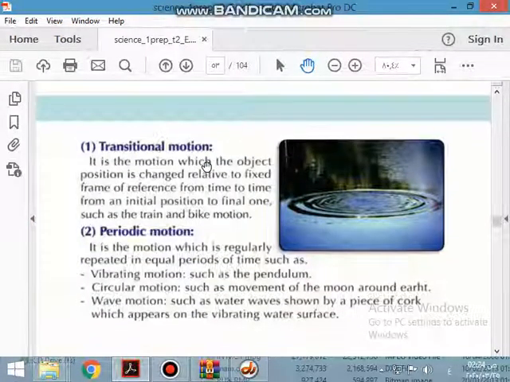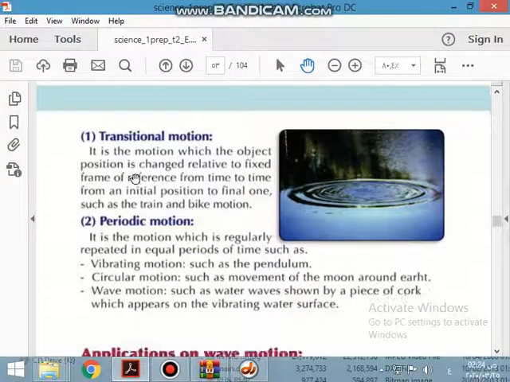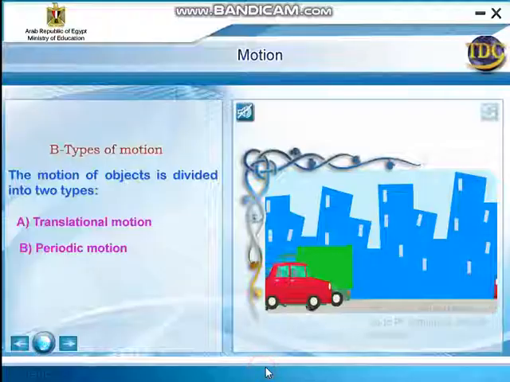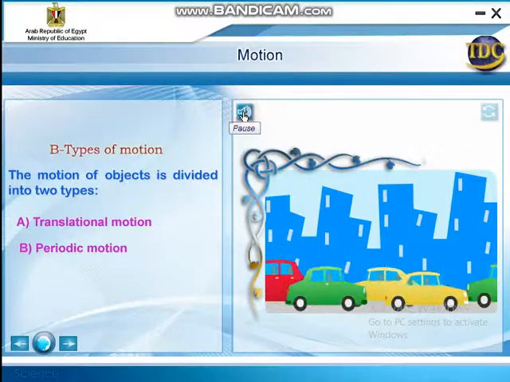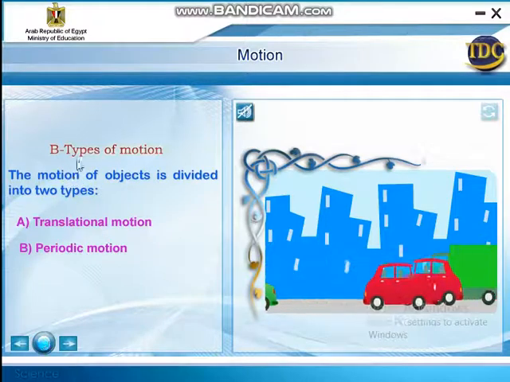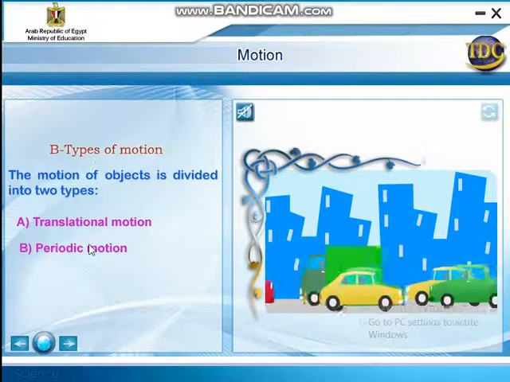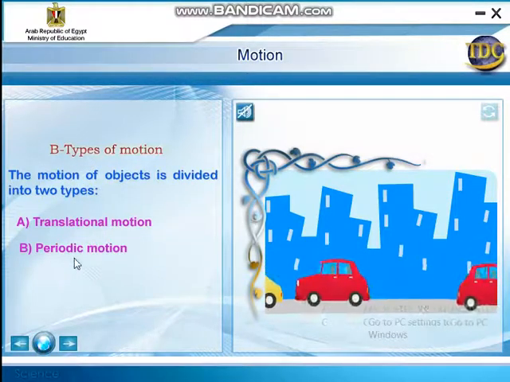There are two types of motion: transitional motion and periodic motion.